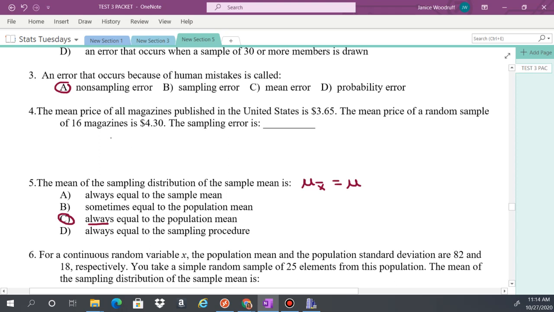So here you would do $4.30 minus $3.65, and that should give you 65 cents. So x bar minus the mean.